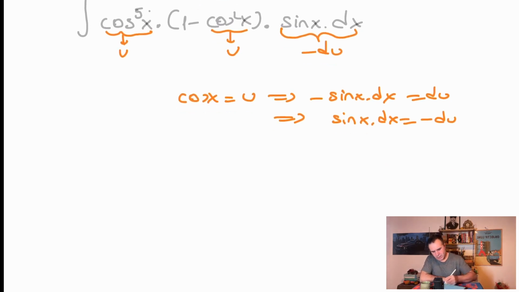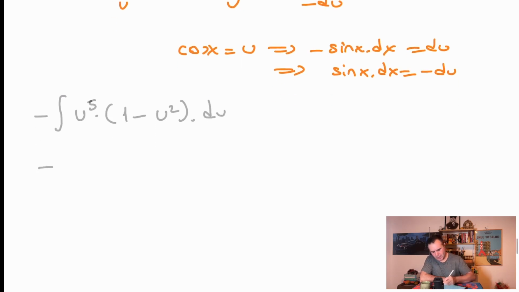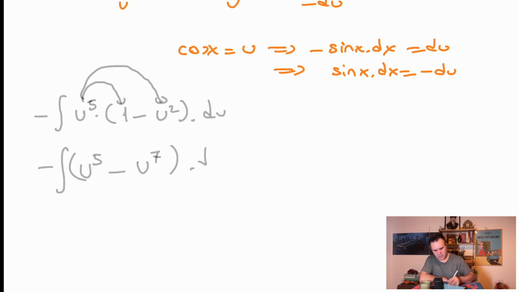Now our integral becomes u to the power of 5 times 1 minus u squared times minus du. Take this minus sign outside of the integral. Okay. Minus the integral of u to the power of 5 times 1 is u to the power of 5. u to the power of 5 times u square is minus u to the power of 7 times du.